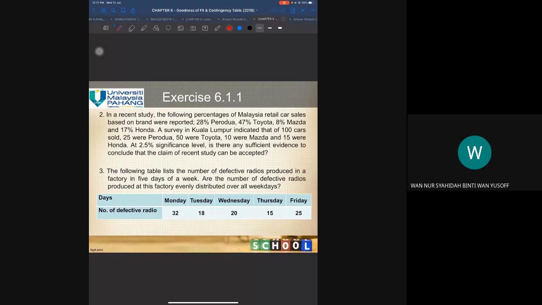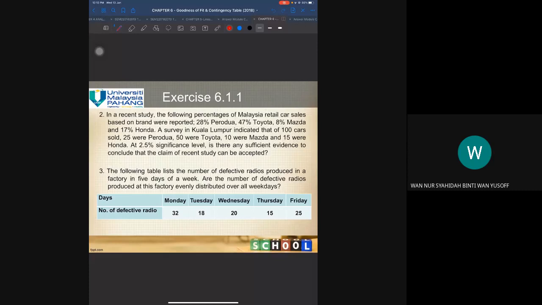Then you have the contingency table, which is between two categorical variables. You will have the row variables and the column variables. There are two hypothesis tests involved for the contingency table: the independence test and the homogeneity test.